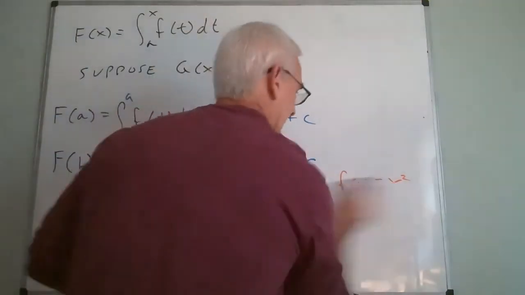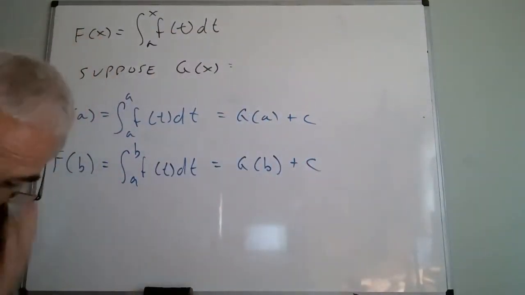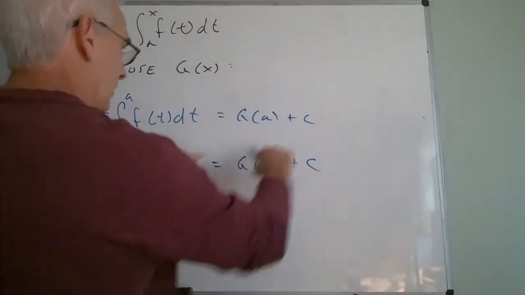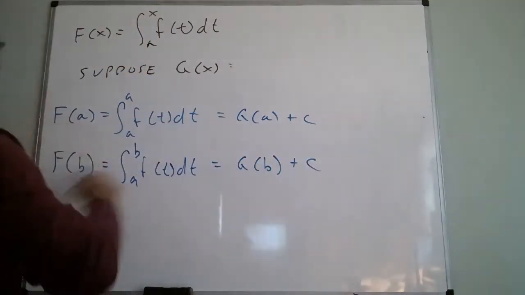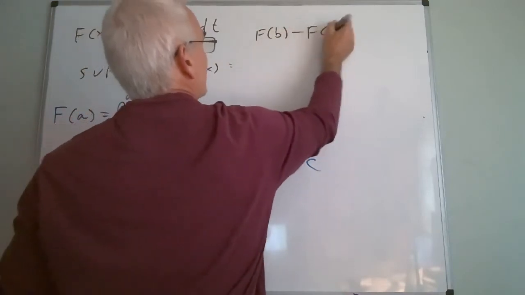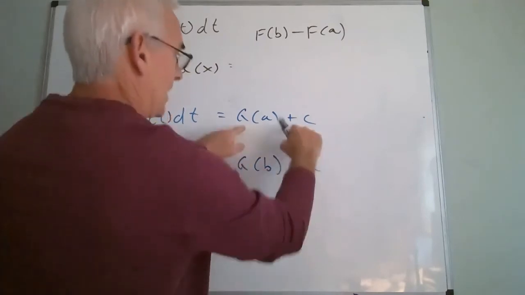So would it be correct to then say, going back to this statement right here, look at this. F of b minus f of a is equal to this minus this.